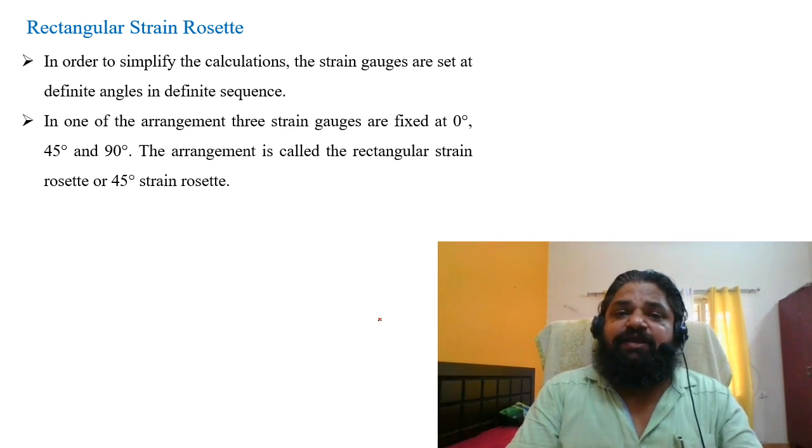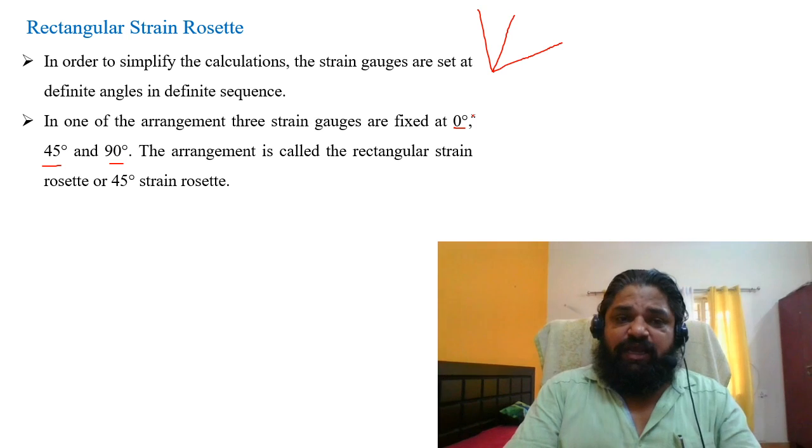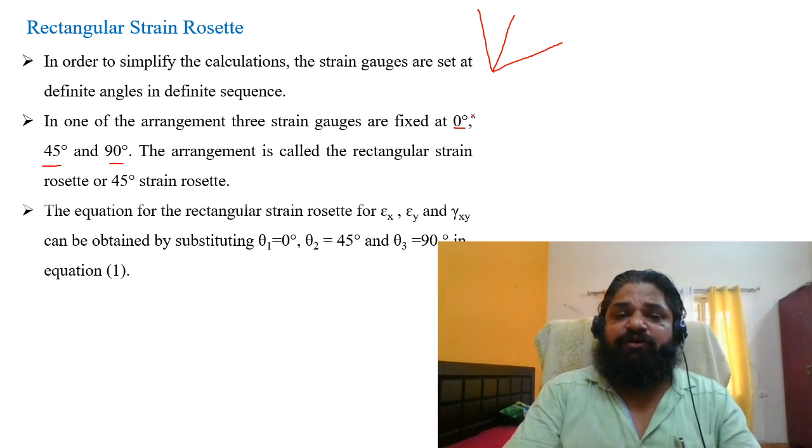In order to simplify the calculation, the strain gauges are set at defined angles as I just talked about: 0, 45 and 90 degrees. If the strain gauges are placed at 0, 45 and 90, the arrangement is called a rectangular strain rosette or 45 degree strain rosette.